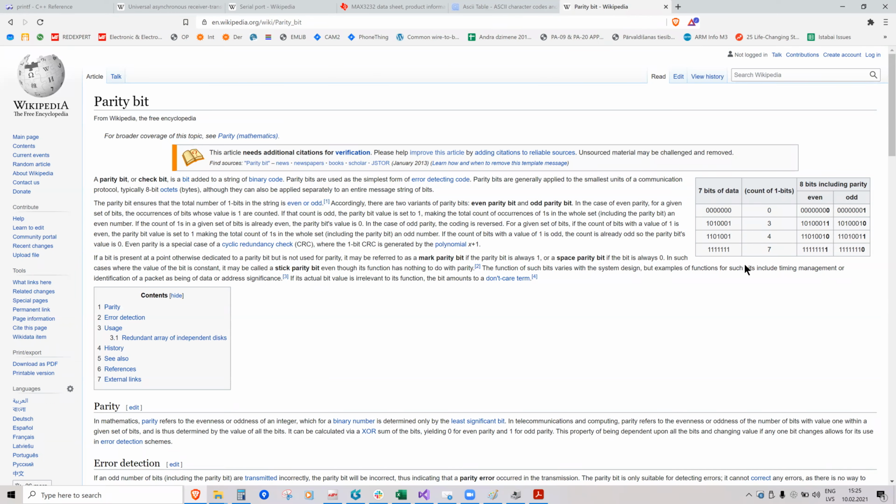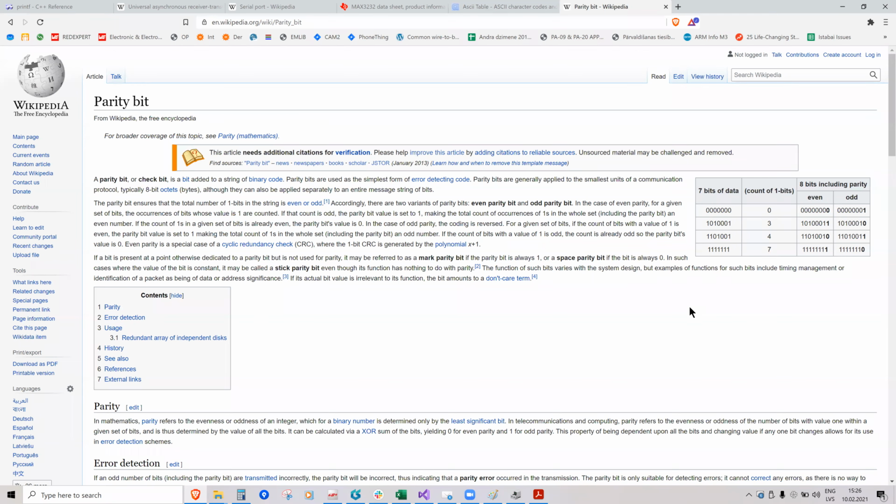For example, you count how many ones you have: 1, 2, 3, 4. 4 is an even number, so you don't add 1, you just add 0 as a parity bit. Or if you have decided to use odd parity, you would put 1 to make the number of ones odd.